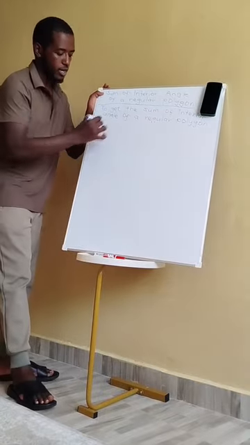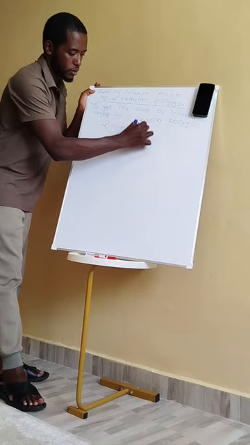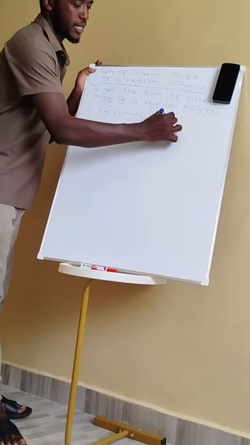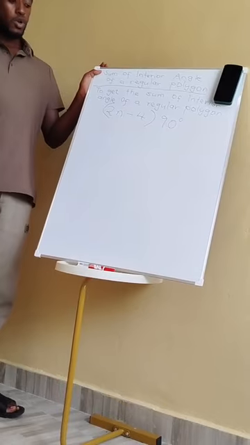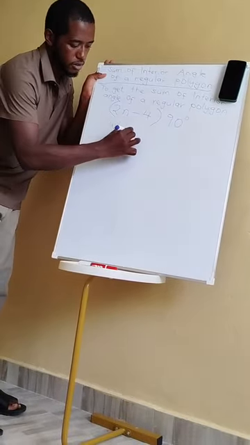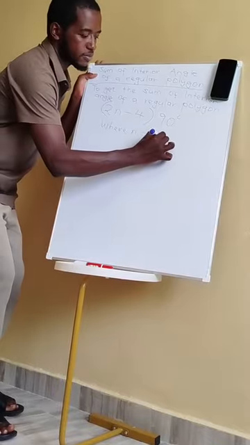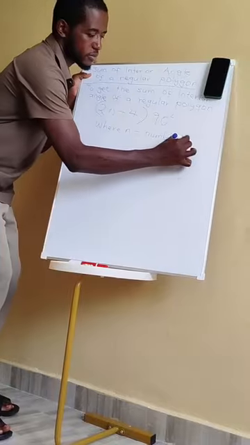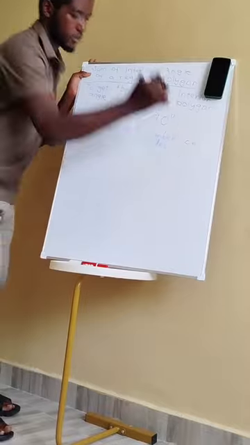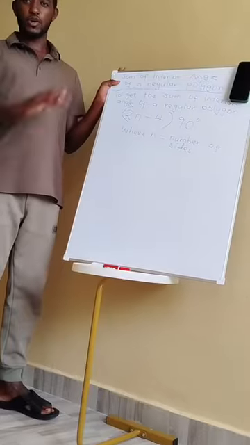We use the formula 2n minus 4, we close the bracket, you multiply by 90 degrees, where n is the number of sides of that polygon.